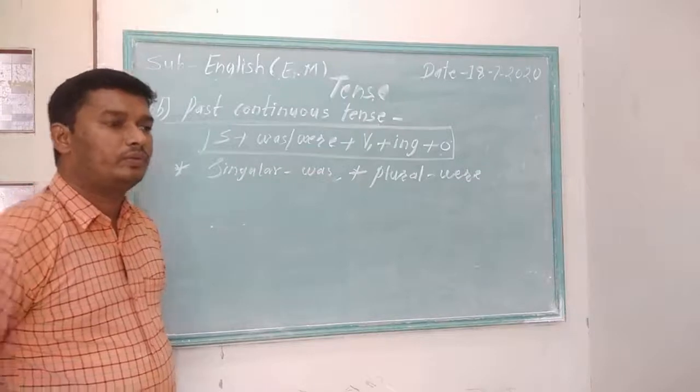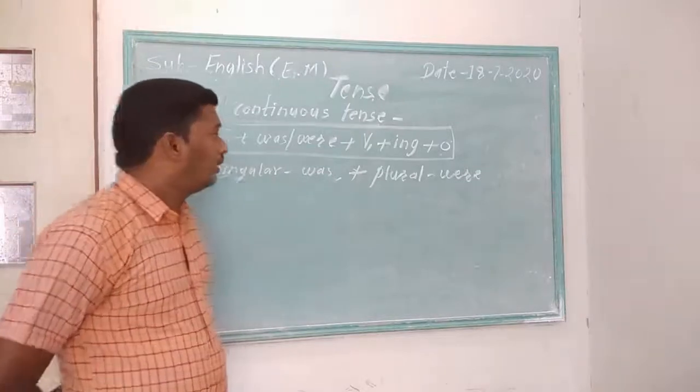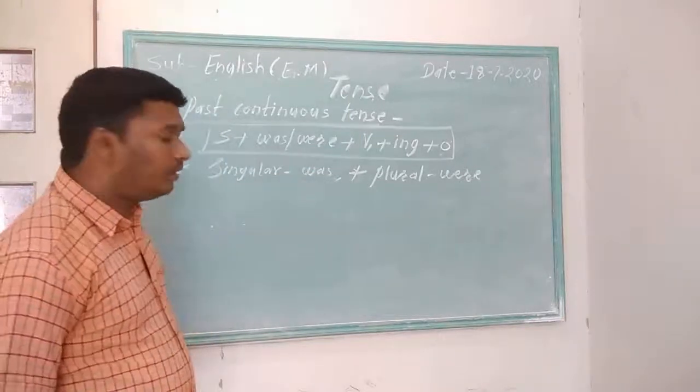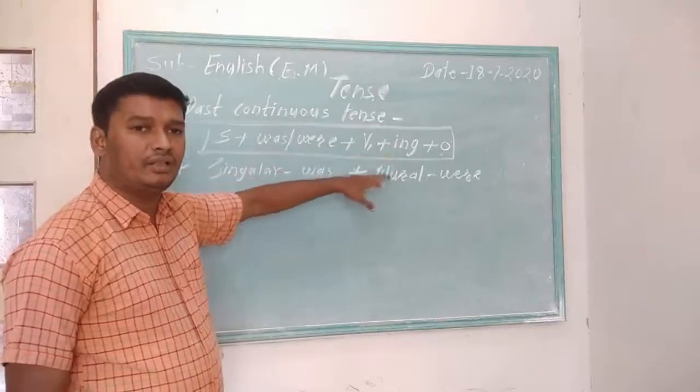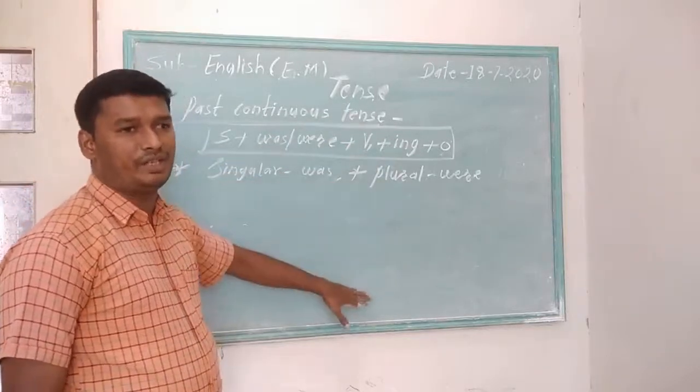Full stop. After that information, take down this structure with a red pen, in a box.